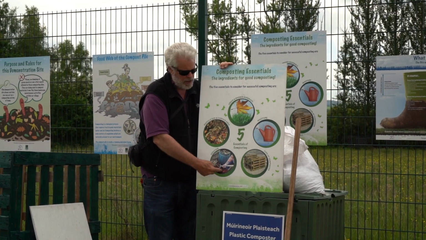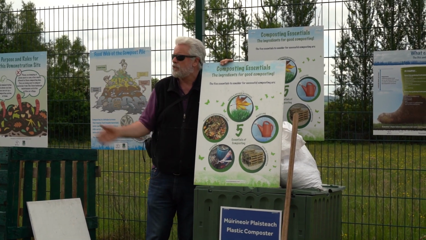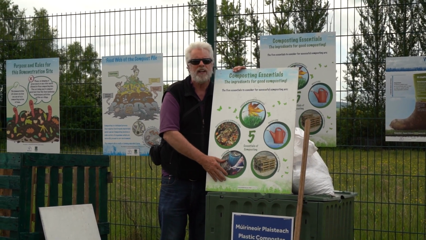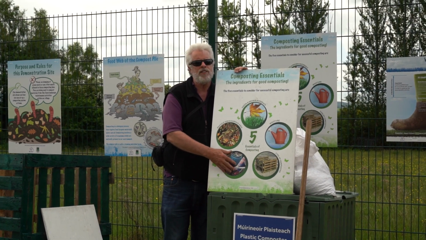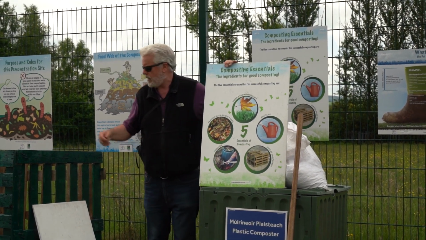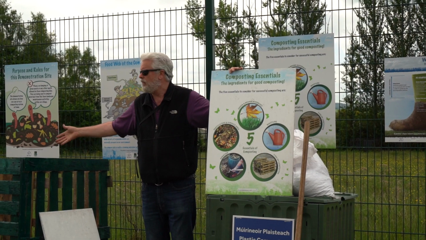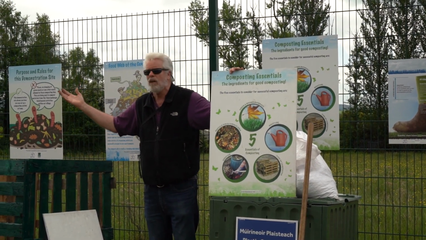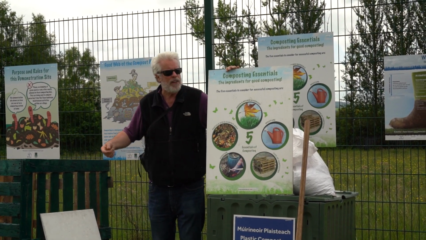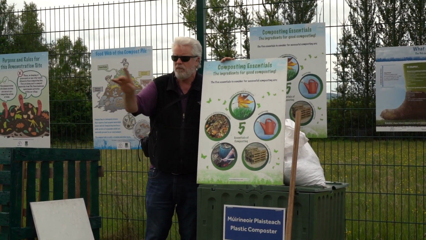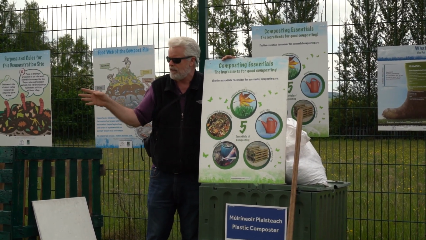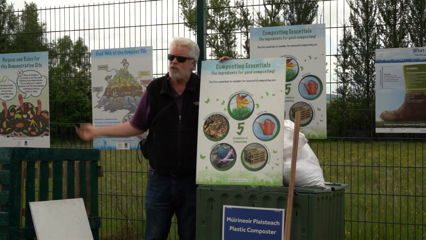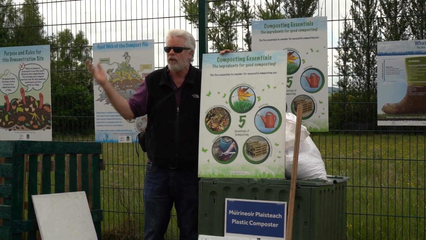The next essential is aeration, because we're trying to stimulate these aerobic bacteria. There's different ways to do this. Number one is we can put something at the bottom, even just branches, or there's a pallet here. We lift the pile a little bit off the ground. So if there's heat, and you don't need to get heat to make compost, but I'll talk about this, as the heat rises, it pulls air into the pile and it passively aerates.